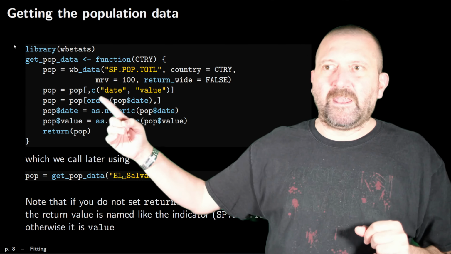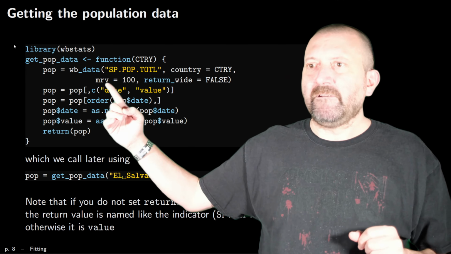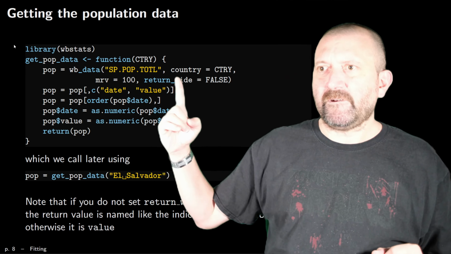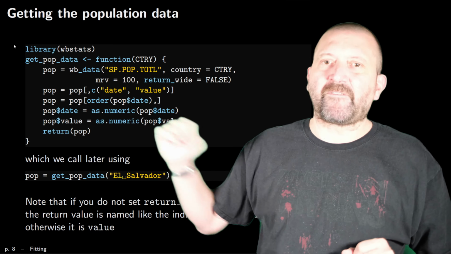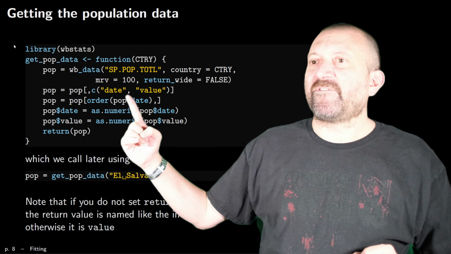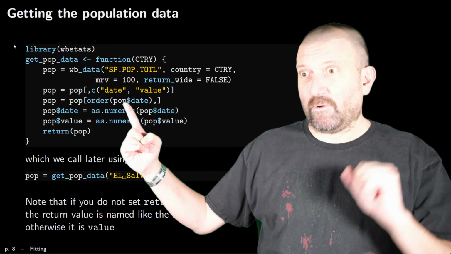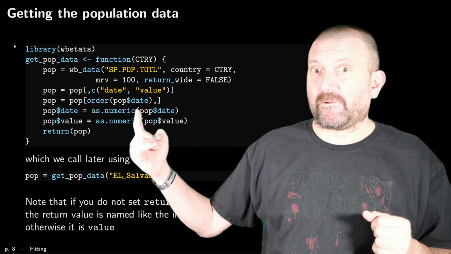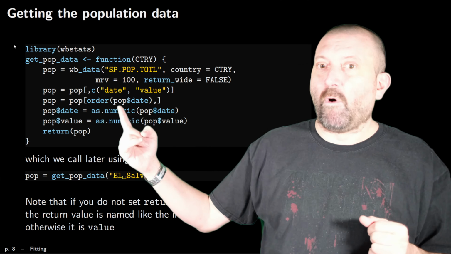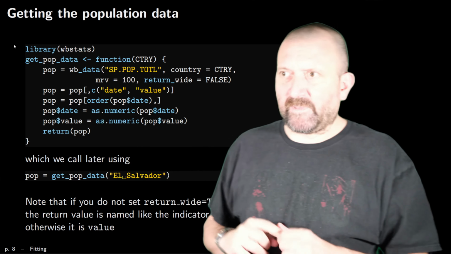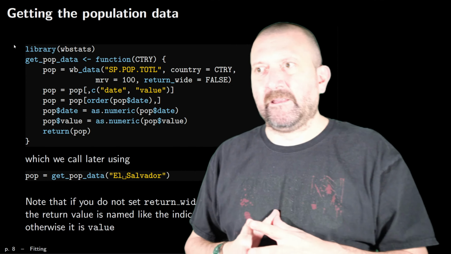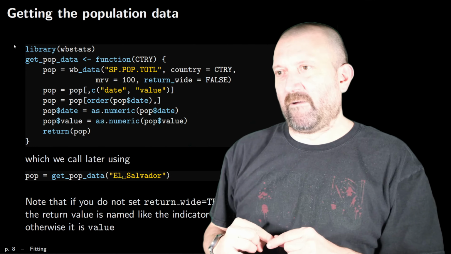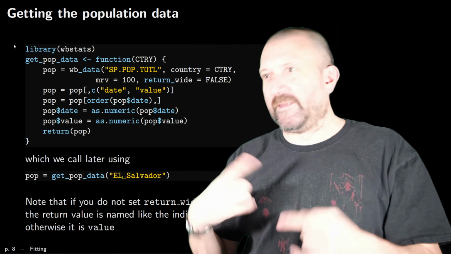Okay. So then I'm saying get the data for whatever country I give as an argument to this function. Get the most recent 100 values. Just keep the date, which is going to be the year, and the value of the indicator for that particular date. Then I need to order in terms of date, because the way it comes out in the World Bank data is from the most recent to the oldest, and I want to change that into the other way around.